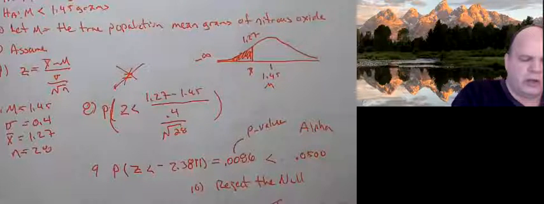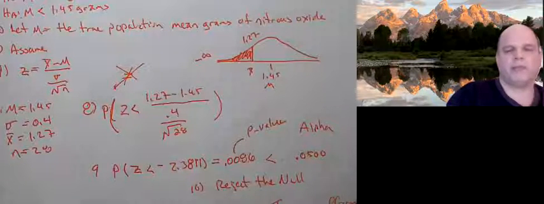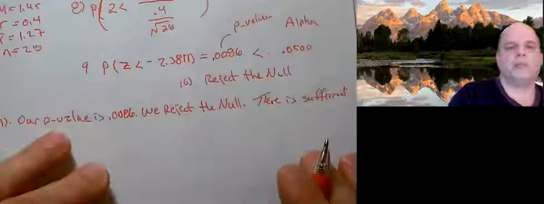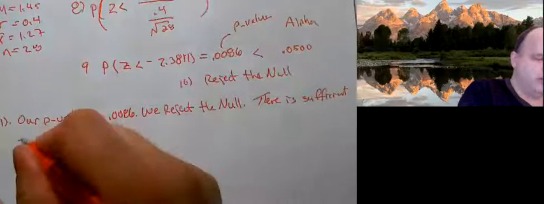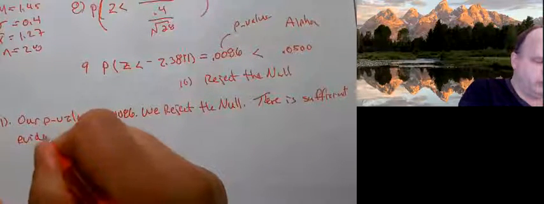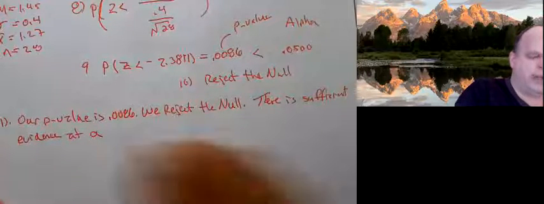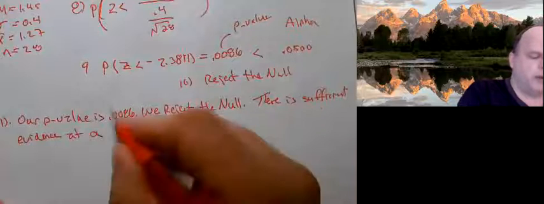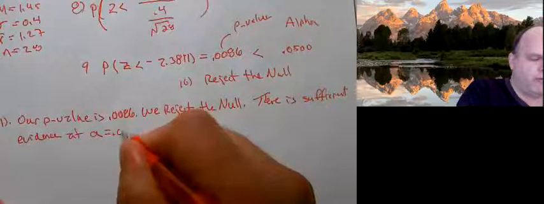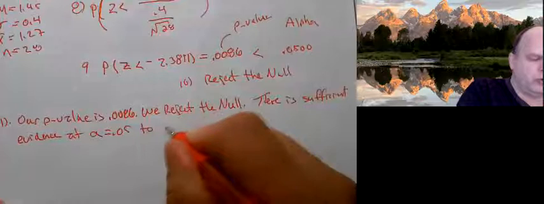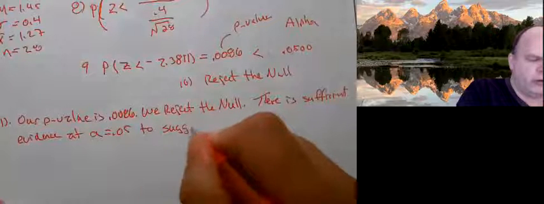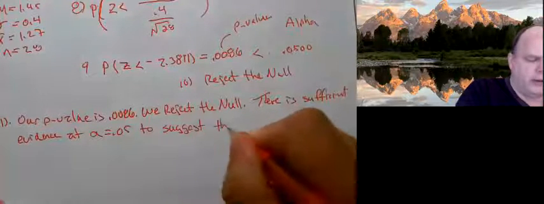There is sufficient evidence at alpha. And by the way, they didn't give us alpha, so we used 0.05, alpha equals 0.05, to suggest that.